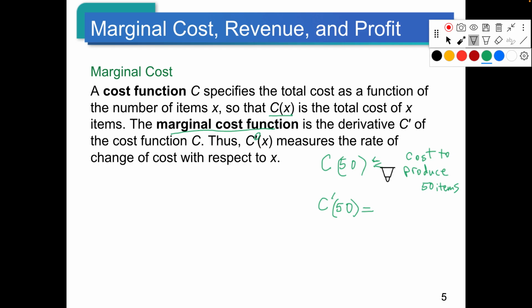And remembering that is an estimate. It's not going to be necessarily exact because it's a different function, right? So this is the estimated additional cost.